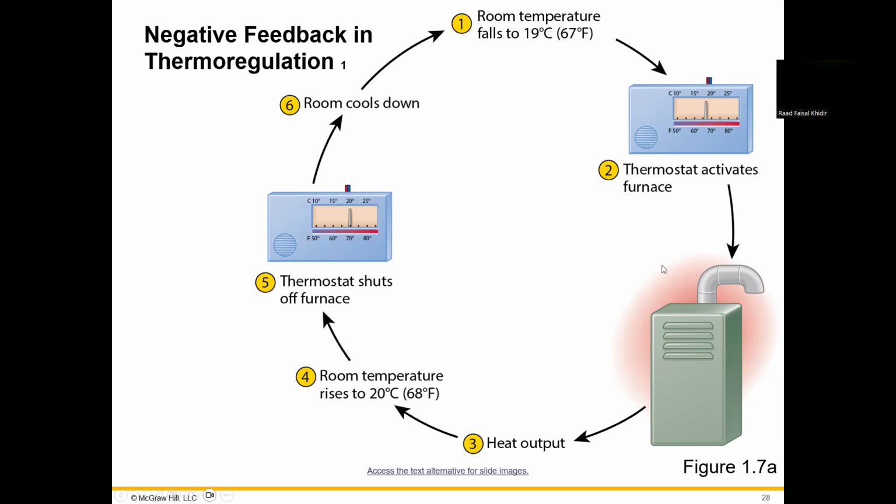What is the furnace now? Effector. Excellent, because the furnace is the one who did the heat. Because the temperature dropped, we were cold. Who made us warm? The furnace. So the furnace is the effector, the one who makes the effect. So now the room temperature rises back, and then we shut off the furnace. Now everything is okay. Are we clear?